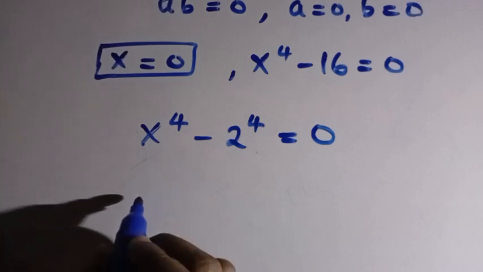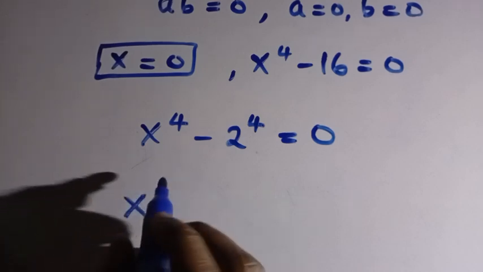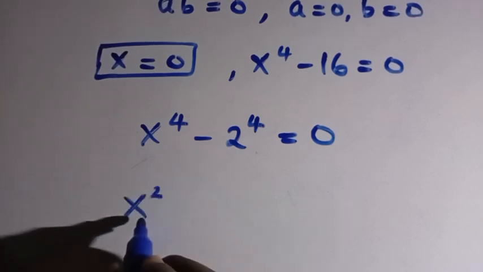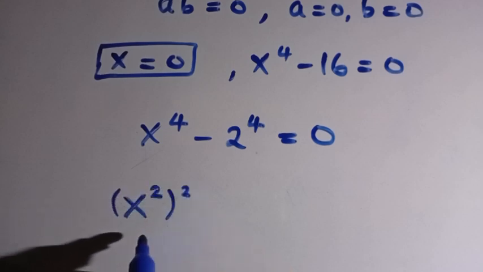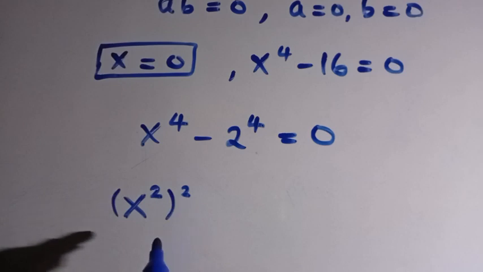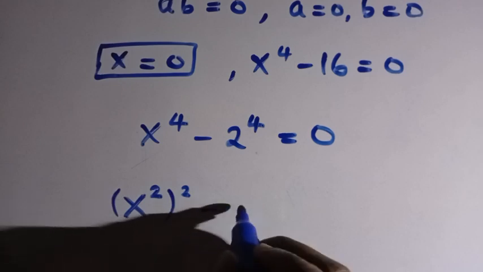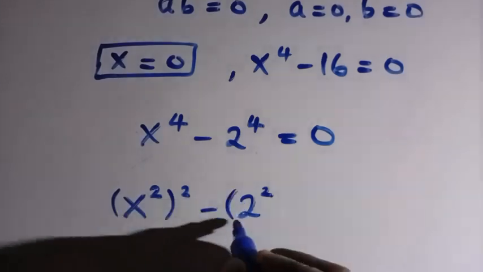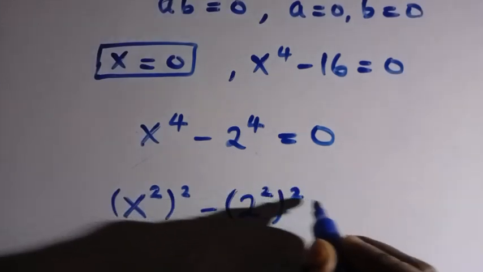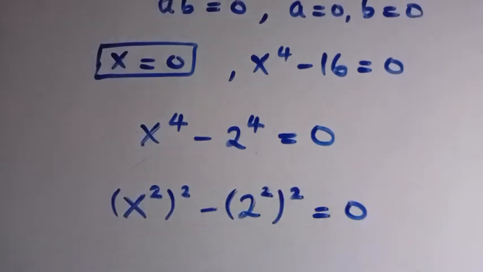If I rewrite this as x to the power of 2, all raised to the power of 2, because 2 times 2 is 4, minus 2 to the power of 2, all raised to the power 2 equals 0.